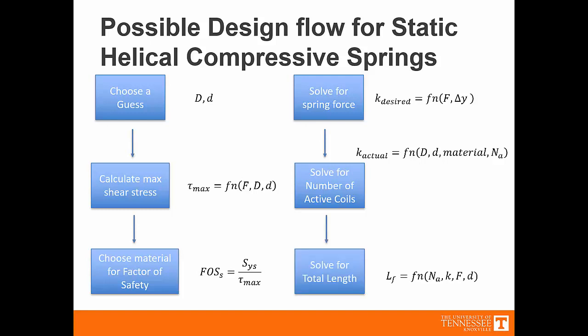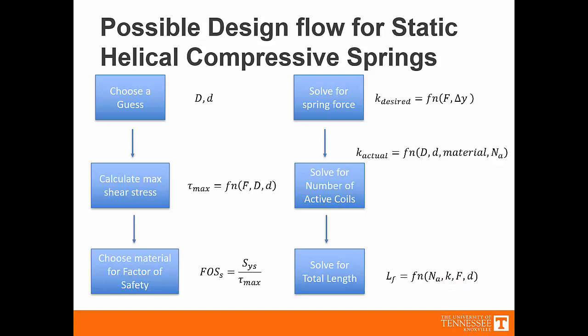And again, the aspects of this formula are the diameters, the type of material, and the number of active coils. And then here we have number of active coils, the spring constant. The spring constant that we're going to use here will of course be our actual spring constant. There's no reason to even talk about what we wish it would have been with the desired spring constant. Then our actual forces and the wire diameter.